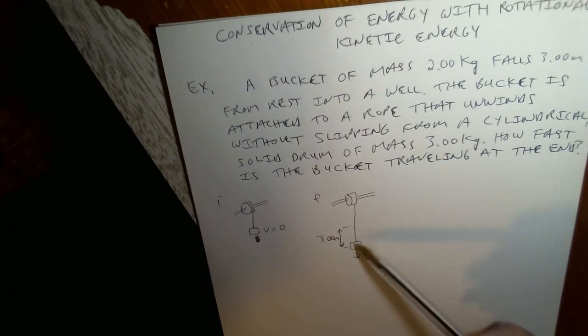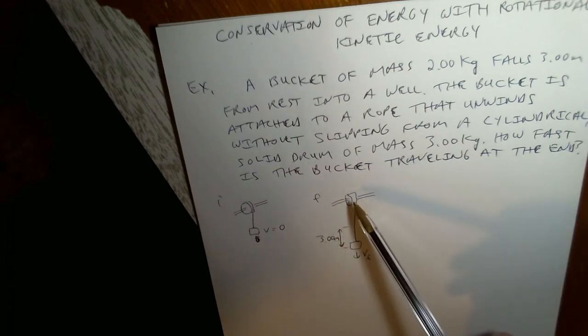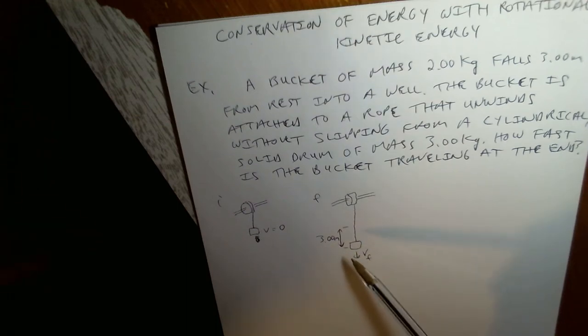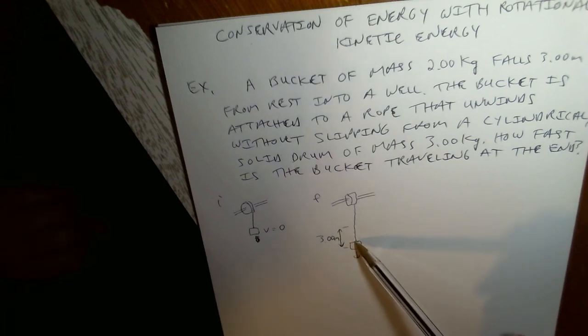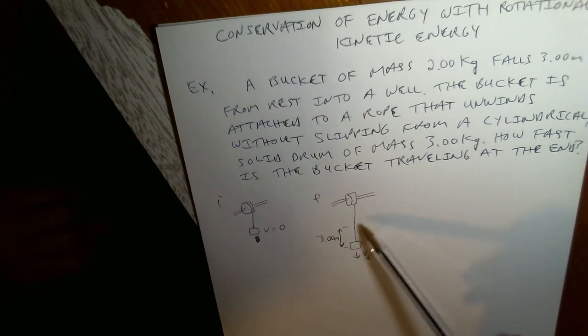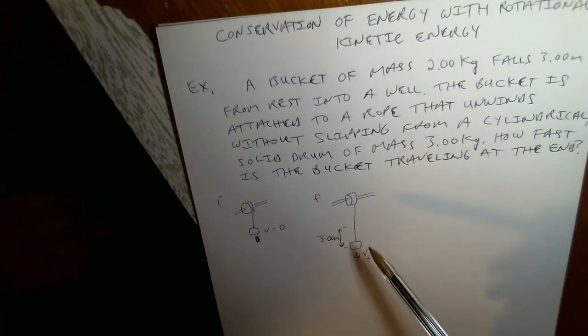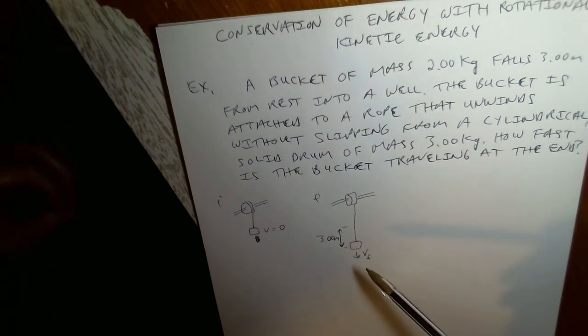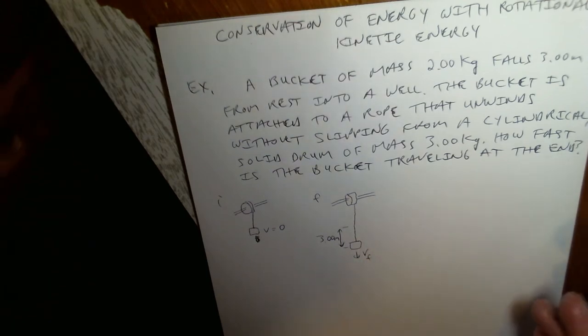Note that if we consider the system to consist of the drum and the bucket, the tension in the rope is acting upward on the bucket, but it's also pulling downward on the drum. So both of these tension forces are internal to the system. The only external force is gravity.